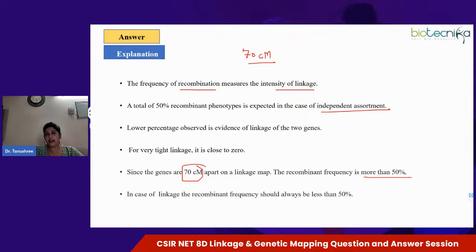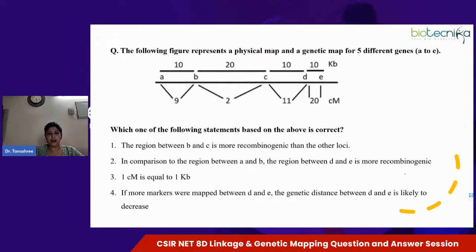So we can assume that it's a case of independent assortment, where the answer should be option 1, where equal parental phenotype to that of the recombinant phenotype we are going to get. So those who have answered option 2 and 4, Sunshine and Ashu, I hope it is clear why the answer here is option 1.